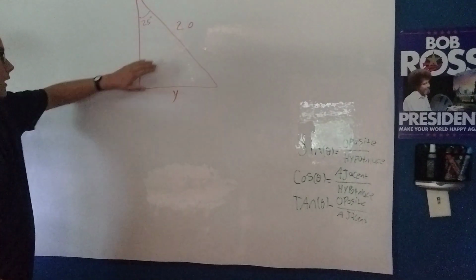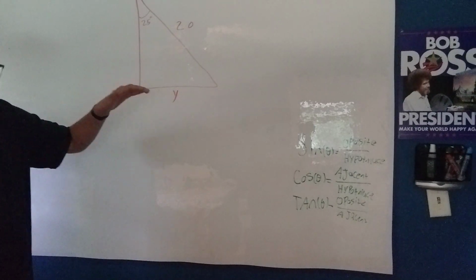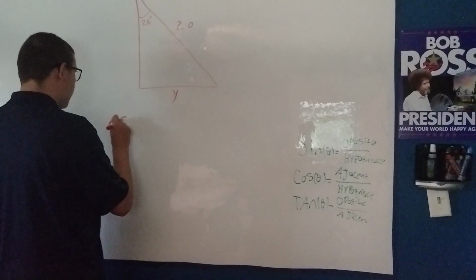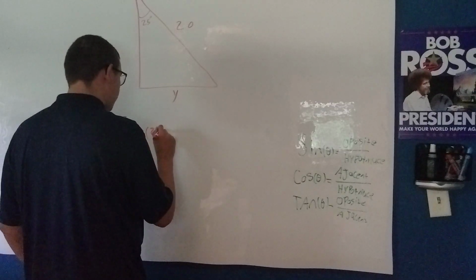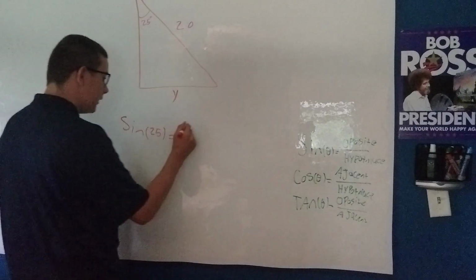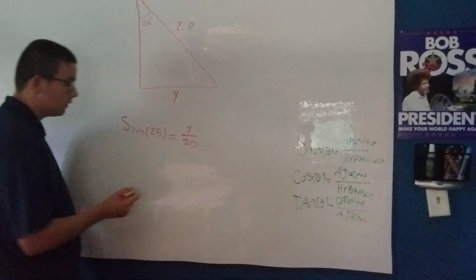Okay, we have the hypotenuse and the opposite. The one that deals with hypotenuse and opposite is the sine. So we take the sine of 25 degrees is equal to our opposite, y, over our hypotenuse, 20.